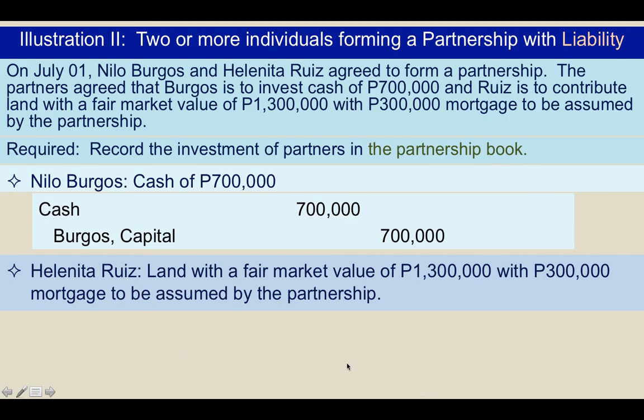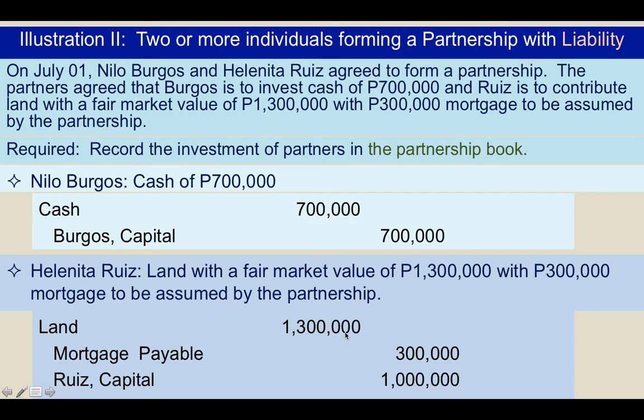So the entry for this is that the partnership will receive the land worth 1,300,000. However, that land has an obligation to be paid to the bank. So the partnership will record a credit to mortgage payable of 300,000. And now the difference will be Ruiz capital at 1 million.